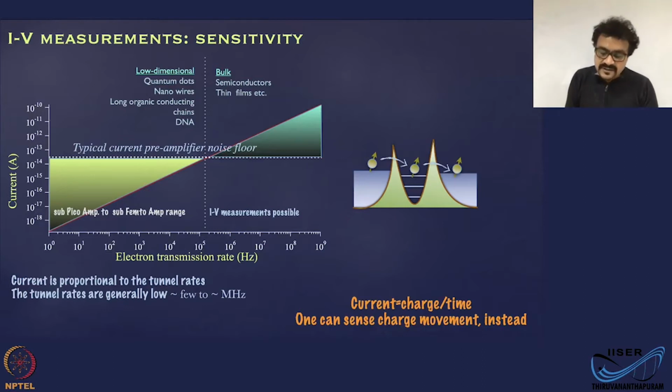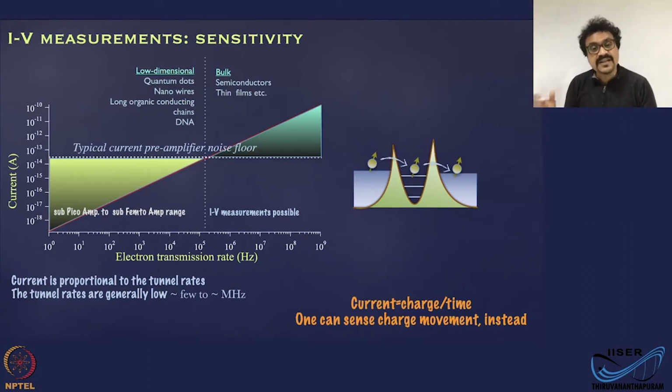So whenever the electron transmission rate is in this range, and the current is in this range, you cannot really rely on current sensing, or you cannot measure the current through the device, irrespective of whether it's a quantum dot or nanowire or whatever device you have.